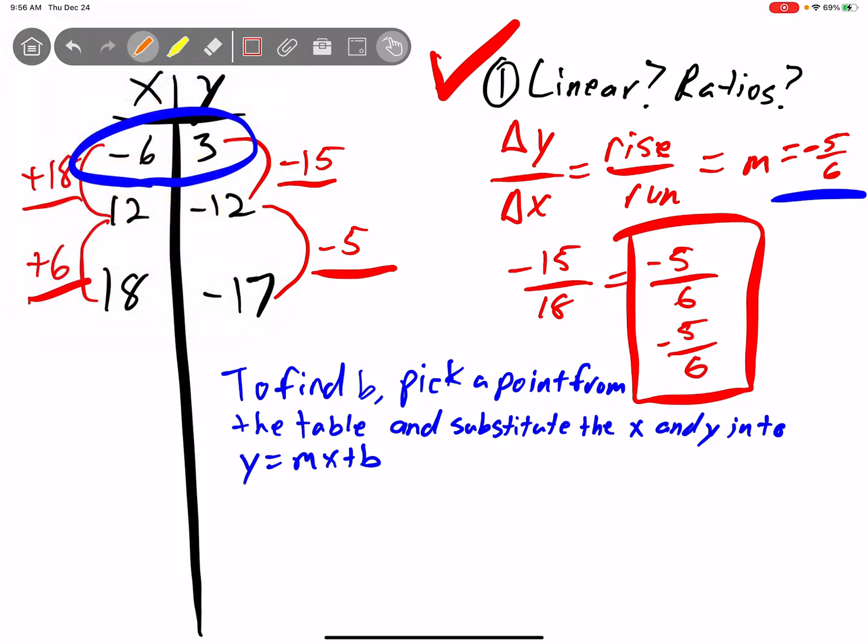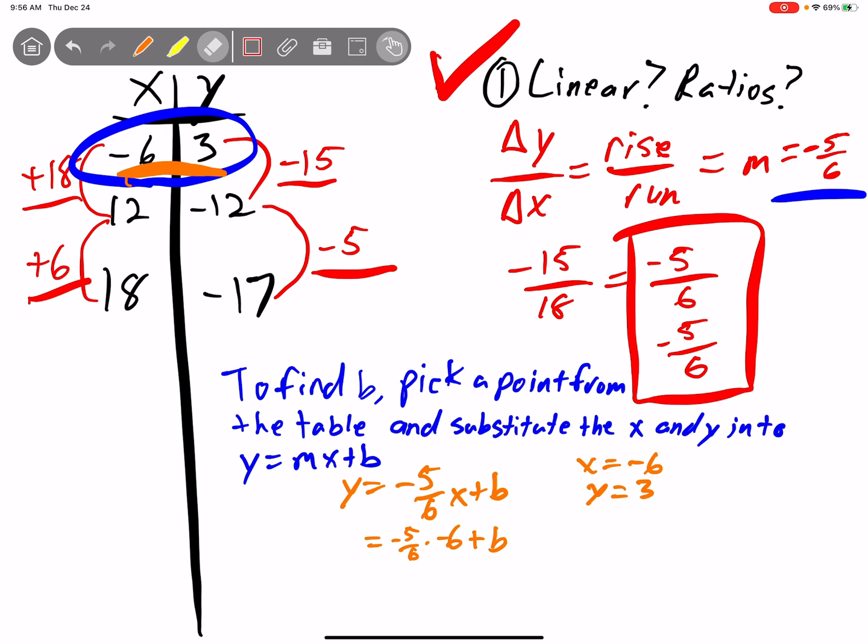So far I know y equals negative 5/6 x plus b. According to this coordinate I just chose over here, I'm going to substitute x as negative 6 and y as 3. So if I do that, I get y equals negative 5/6 times negative 6 plus b.